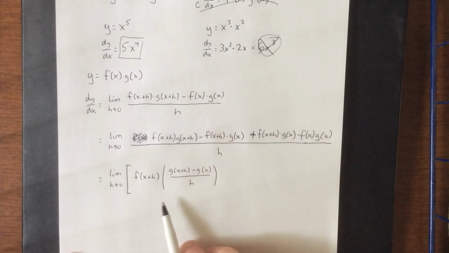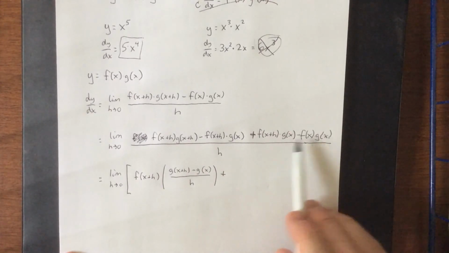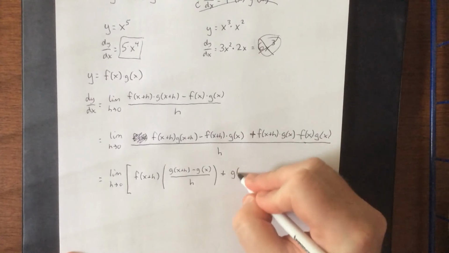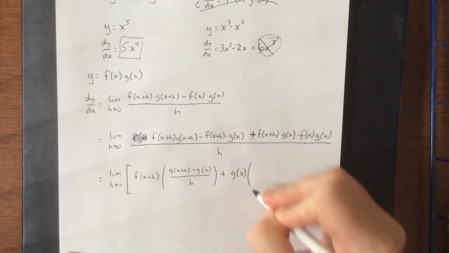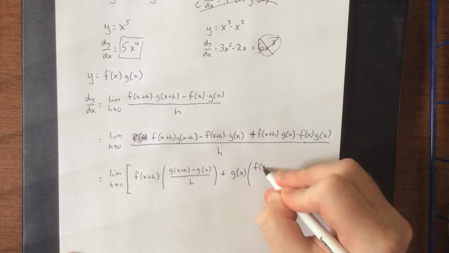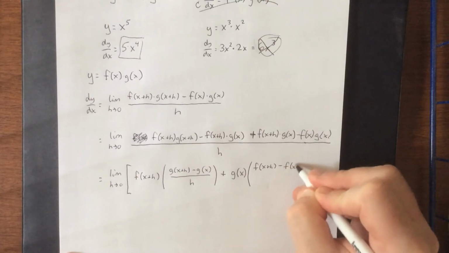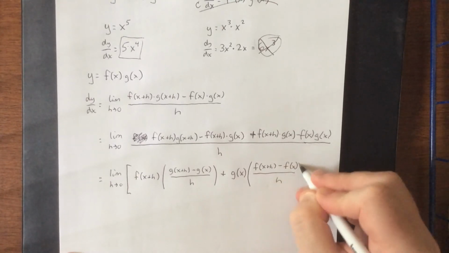I'm going to do the exact same thing, but I'm going to do it with the last two terms up here. So the observation to make is that they have a g of x in common. And if I factor out that g of x, I'll be left with f of x plus h minus f of x all over h.